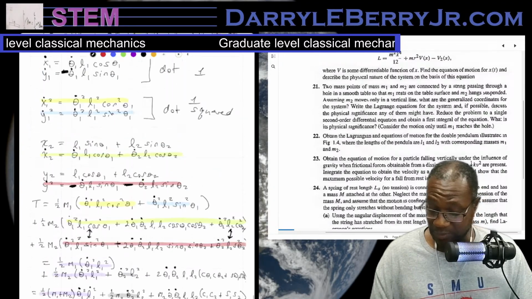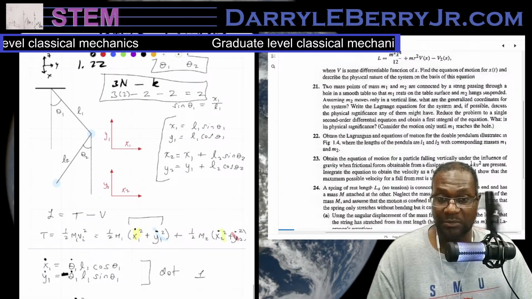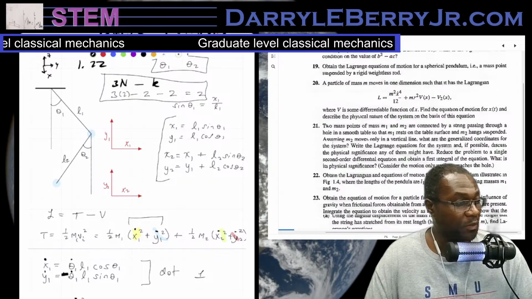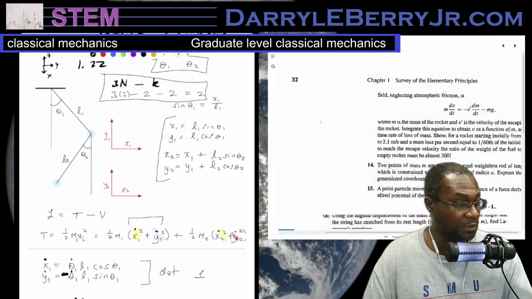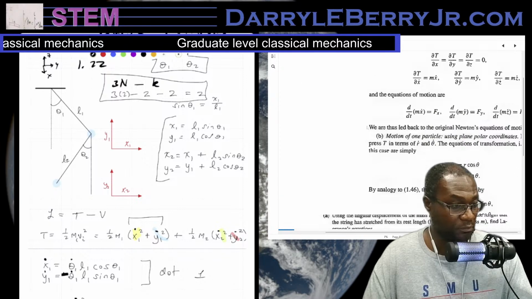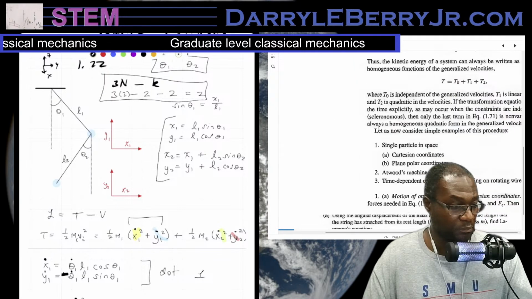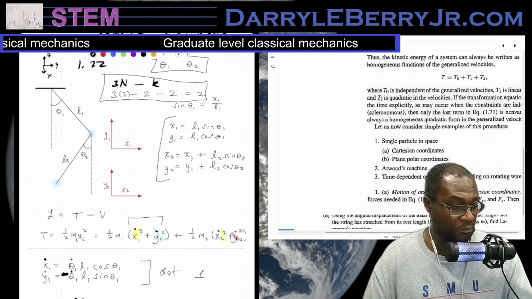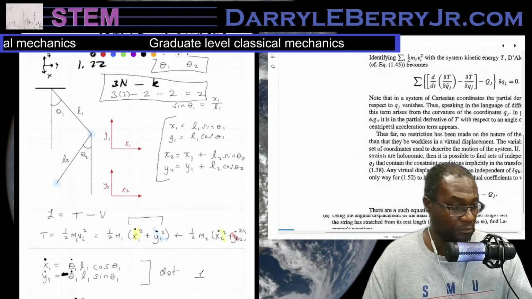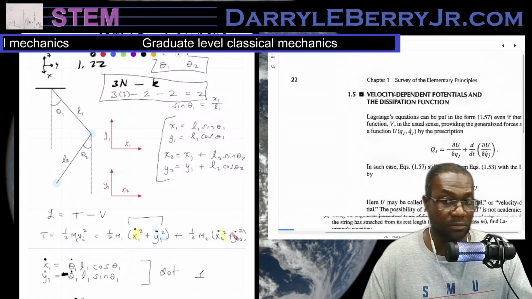So looking at, and right now we're doing a double pendulum problem. So this is the problem here. Let me put the double pendulum back on the screen. I didn't know what page it was on.